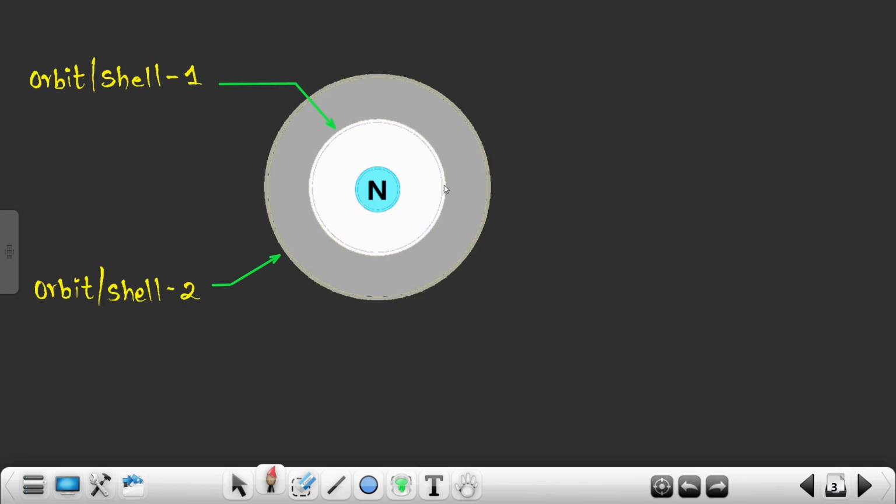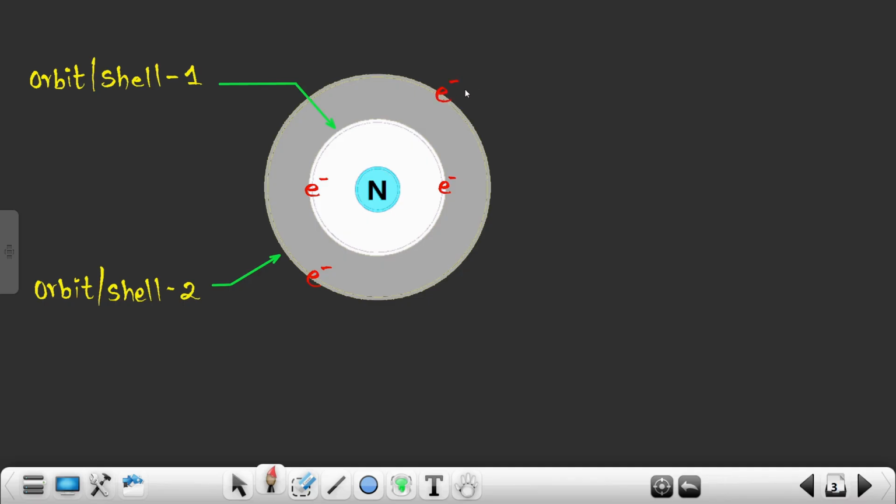These are the 2 electrons present in the first shell, and in the second shell as well we have 2 electrons, maybe somewhere over here. I hope you are able to understand this.